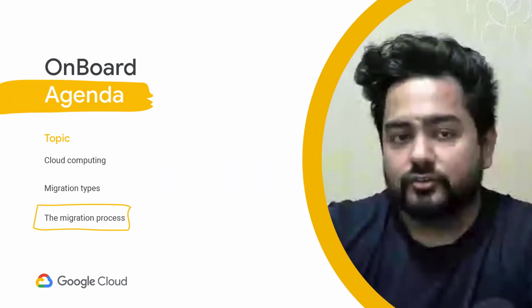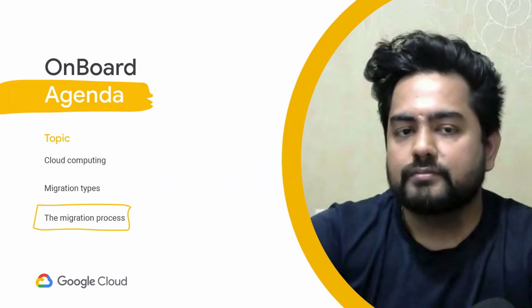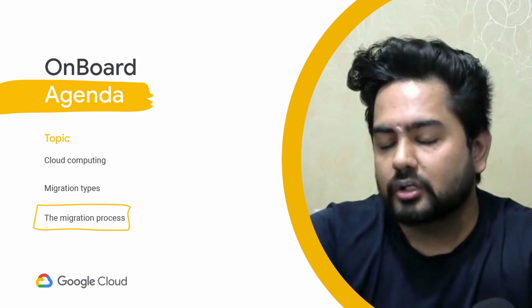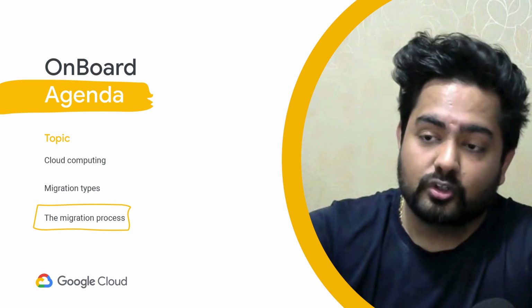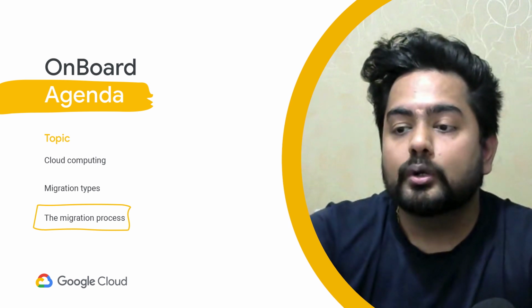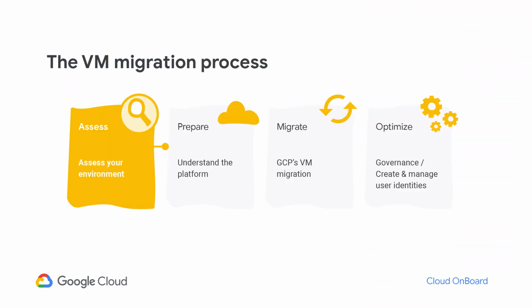The migration process: this is one of the important slides that you should really focus on, because that's how the entire course is going to be structured, or rather how the entire streaming is going to be all about how you are going to migrate. The first step is to assess, which helps you understand what your source environment is. Basically, you identify your servers and storage, different application types, and the operating systems.